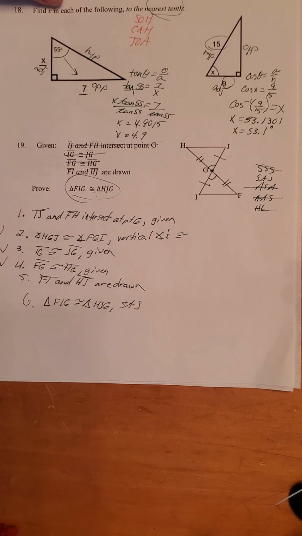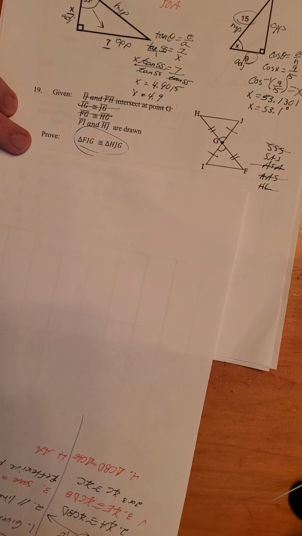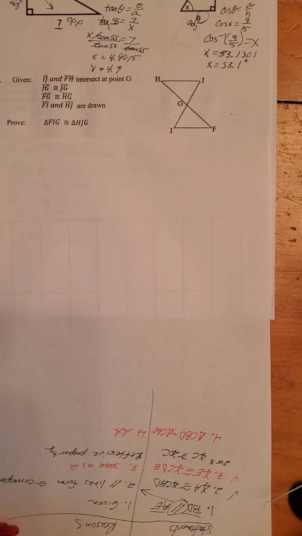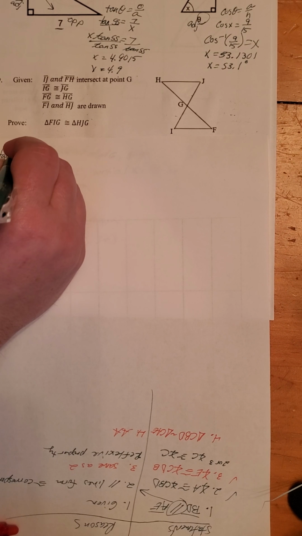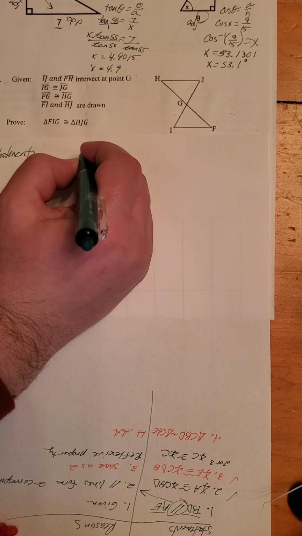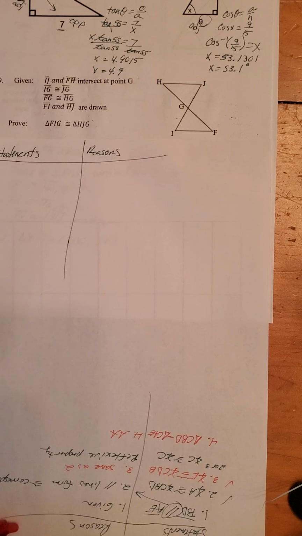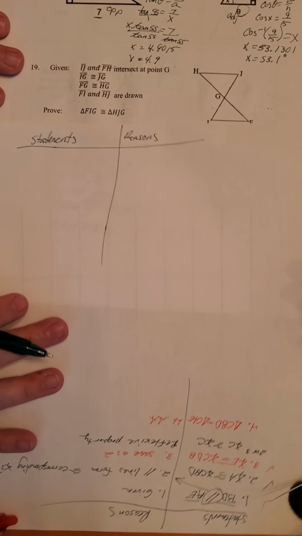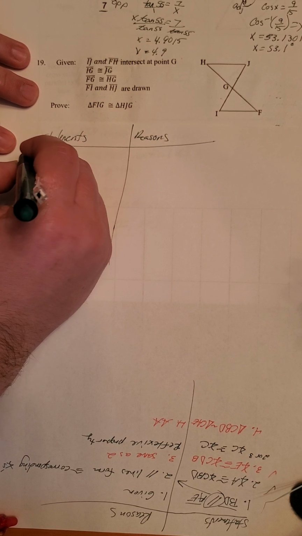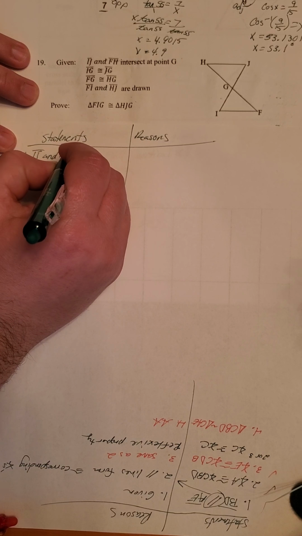I'm going to do this proof one more time, but I'm going to do it with statement reasons. Okay, so if we're using statement reasons for this, now when you're doing givens, they can either be listed all out first or individually. I'm going to list them out first. I'm not sure how you do it. It's up to you how you want to use those.